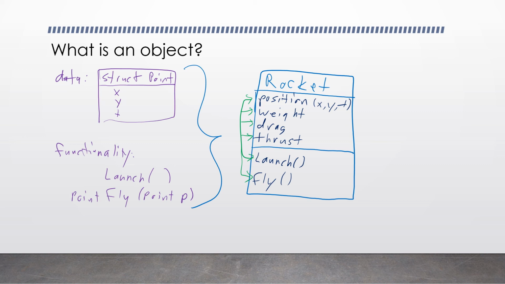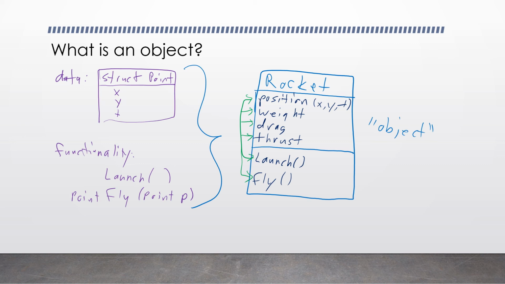Okay, so by taking our data and our functionality and merging them into one structure called an object, we can model real-world objects which know what they are and what they can do.